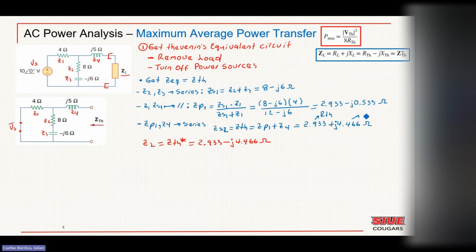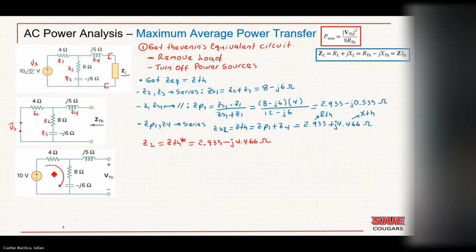This one here is our Thevenin reactance. Then let's compute the Thevenin voltage. From the Thevenin voltage, again, without our load, we are going to compute the voltage that is here. Then we can see from that circuit, and we have seen this case several times before, the current is going to flow in this direction.